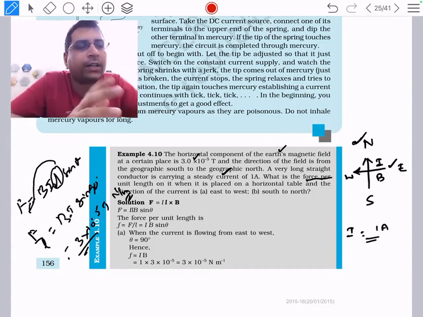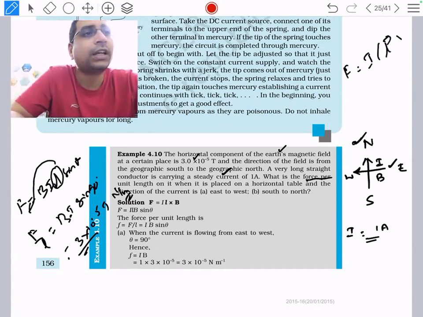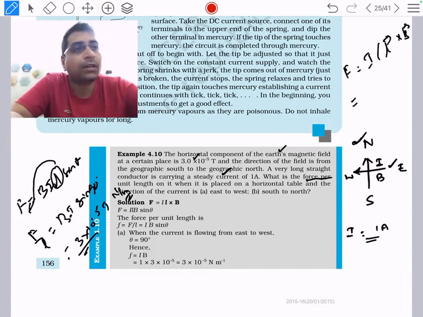I into L vector cross B vector. Am I right? So direction of force is given by L vector cross B vector. What is the direction of L here? L takes the direction of current. So minus I cap cross J cap.